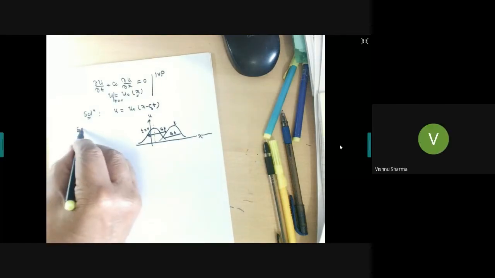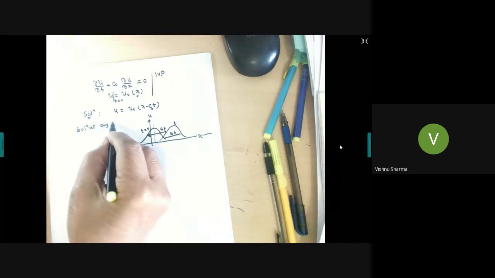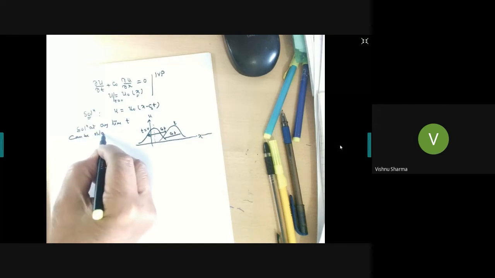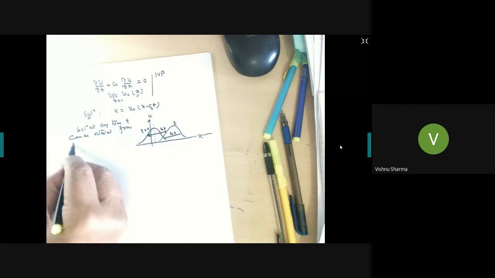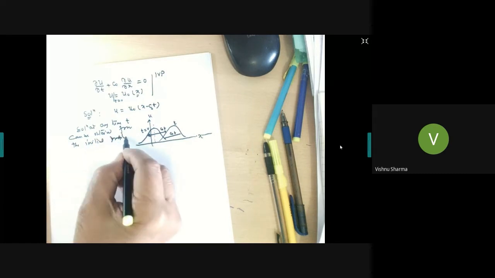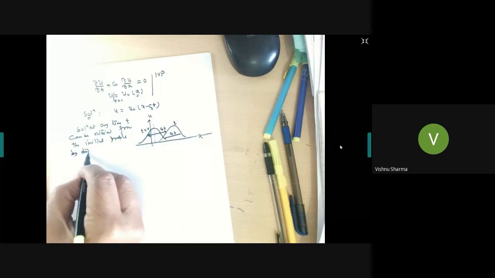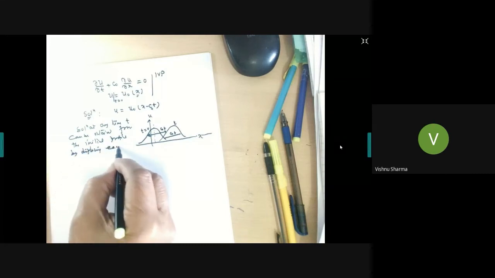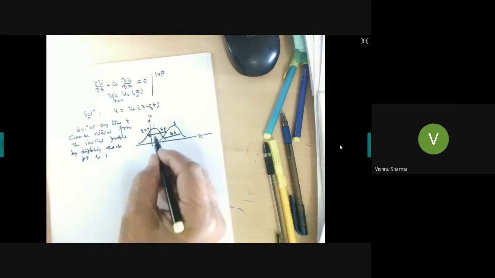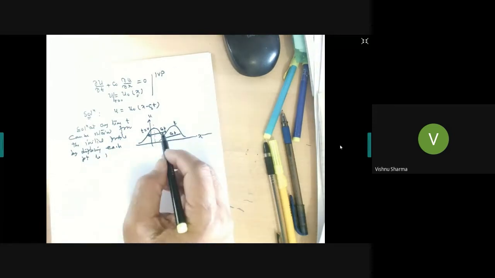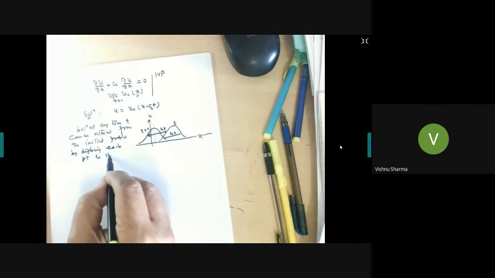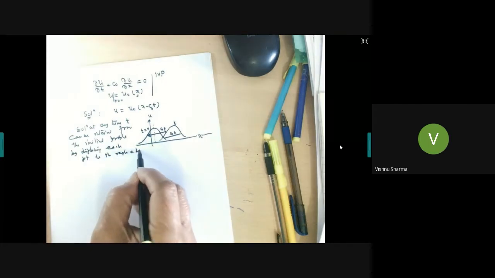That is, the solution at any time t can be obtained from the initial profile by displacing each point to the right by a distance c naught t.